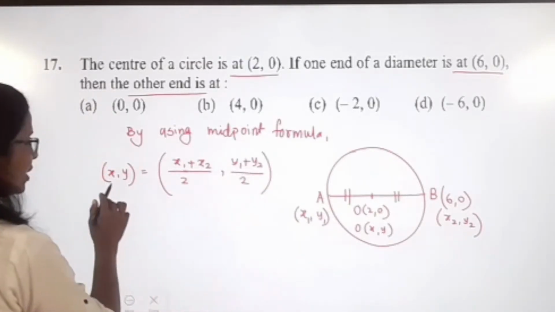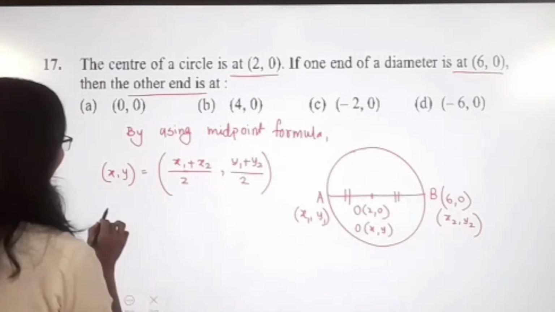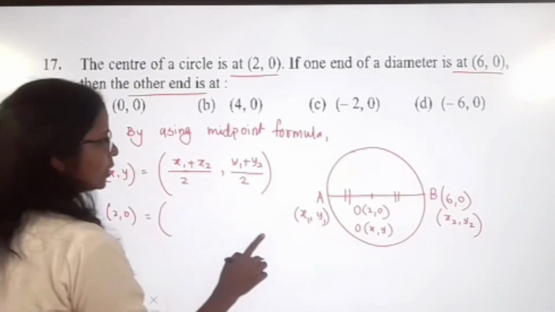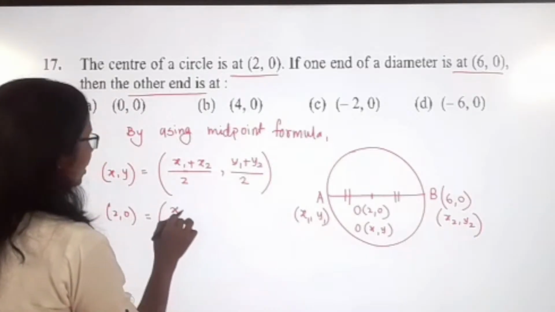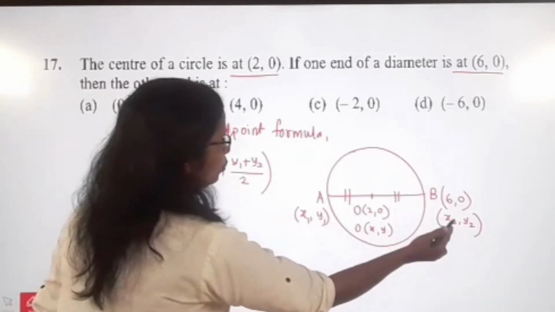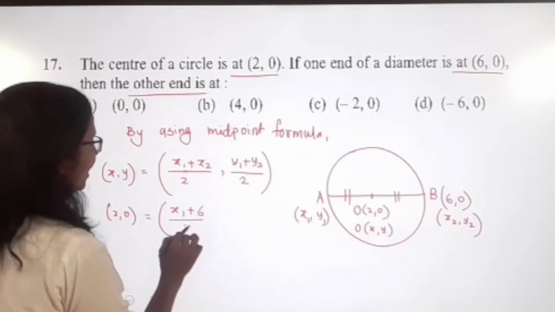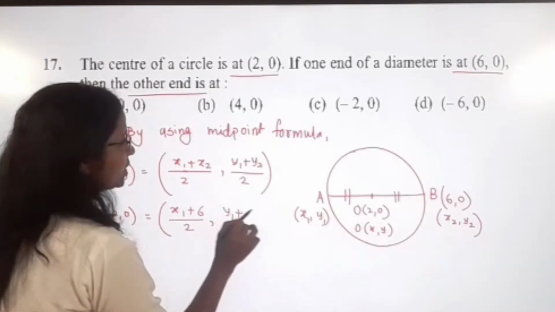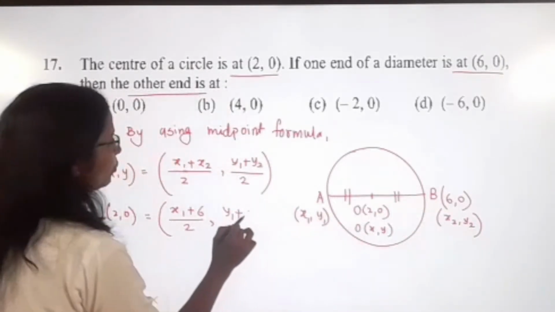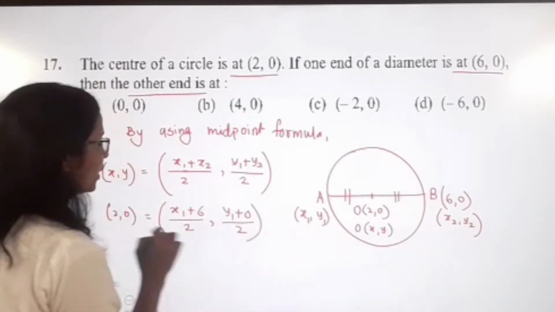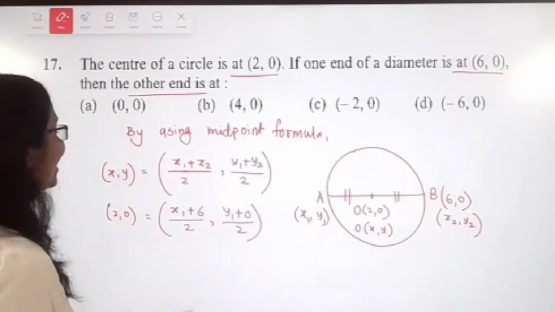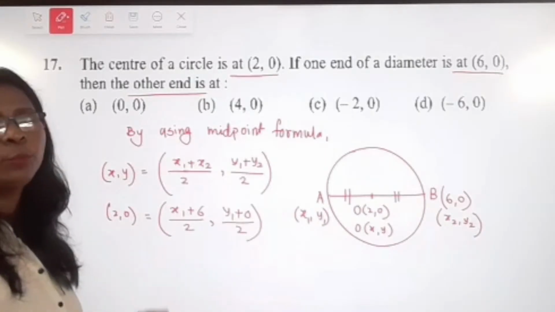So now here (x, y), that means the coordinates are (2, 0), which is equal to ((x1 + x2)/2, (y1 + y2)/2). That means (x1 + 6)/2, and here y1 plus 0, since y2 is 0, divided by 2. Then next, we equate both the sides.